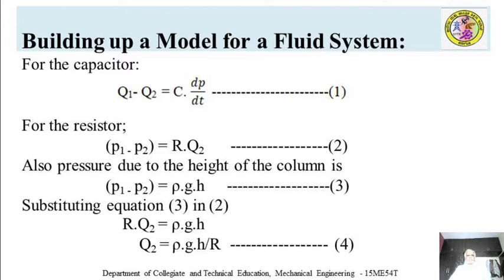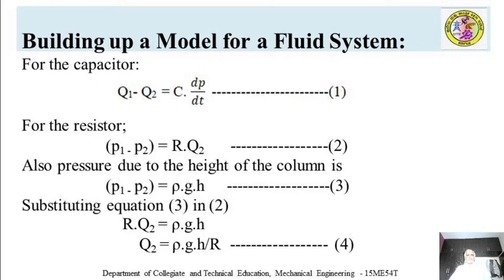Substituting equation 3, that is P1 minus P2 equals rho GH, in place of P1 minus P2 in equation 2, it becomes RQ2 equals rho GH.